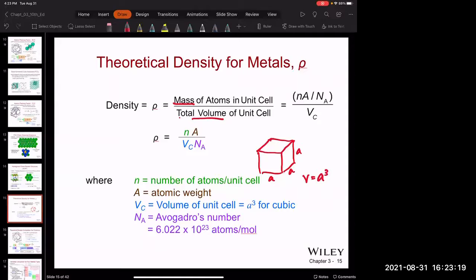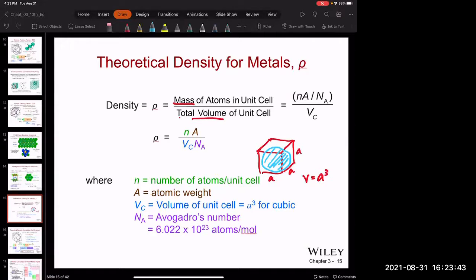This is the total volume. But what about the mass? Well, the mass has to depend on how many atoms you actually fit into this unit cell. Let me just make a very simple assumption. Let's say I only have 1 atom inside this unit cell.